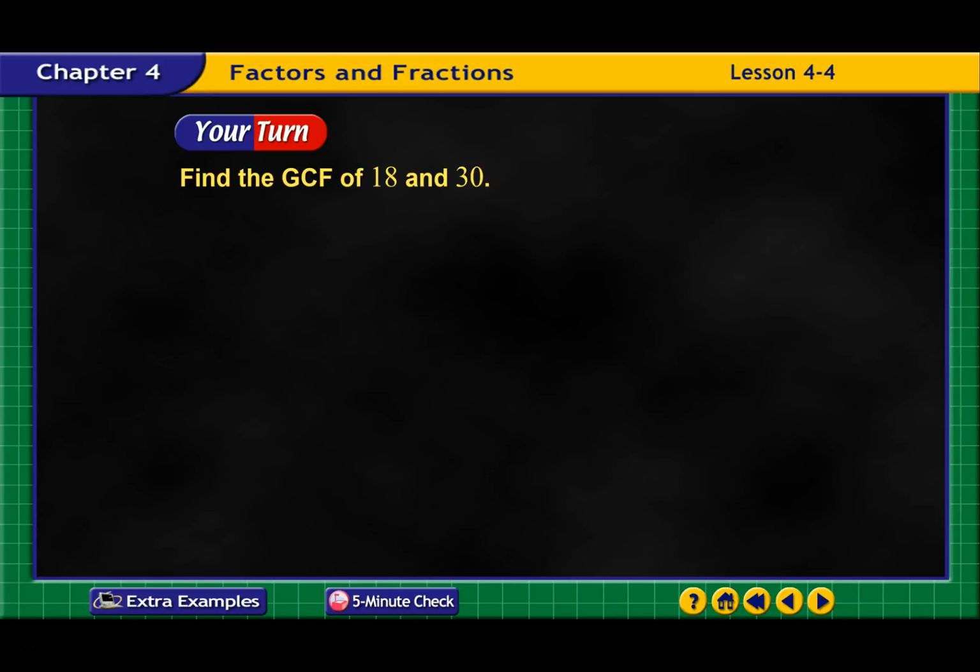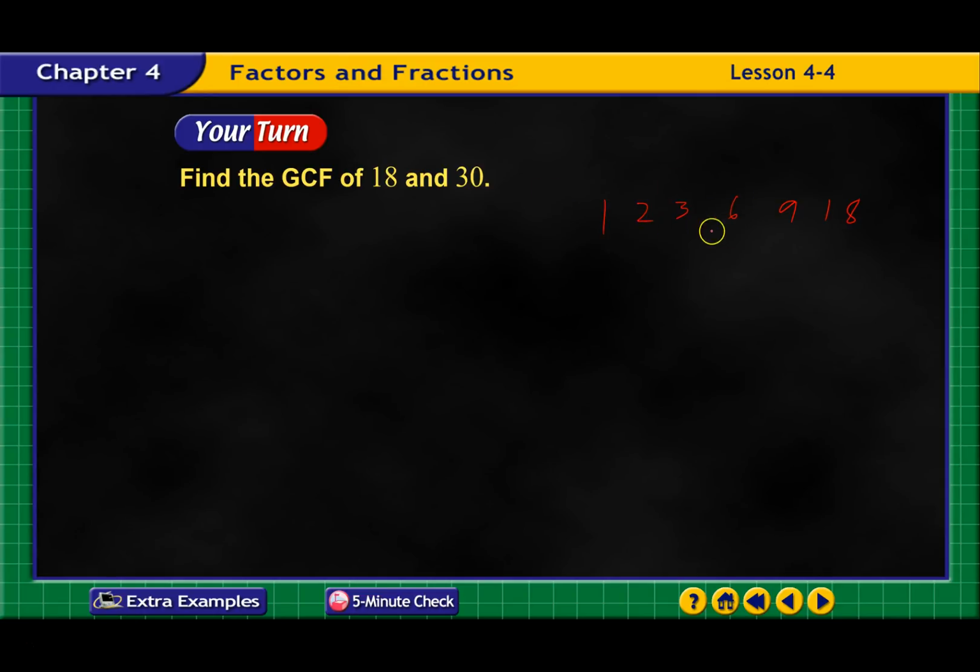All right, so I'm going to do kind of both, I guess. If I took 18, I can go 1 and 18. It can divide by 2, so it's going to be 2 and 9, 3 and 6.